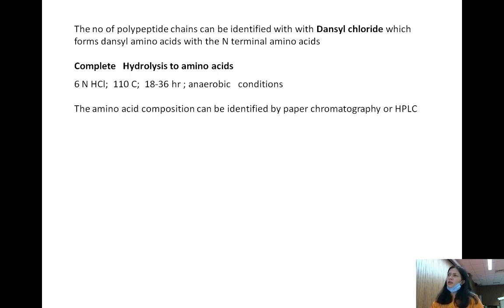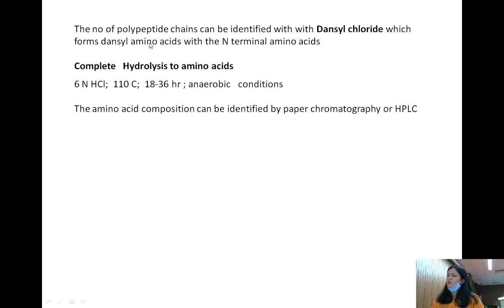This is done by adding a reagent known as dansyl chloride. What this dansyl chloride will do is react with the amino acid present at the N-terminal end of each polypeptide chain. Clear? Dansyl chloride will react with the amino acid at the N-terminal end of each polypeptide chain to form the dansyl amino acid.